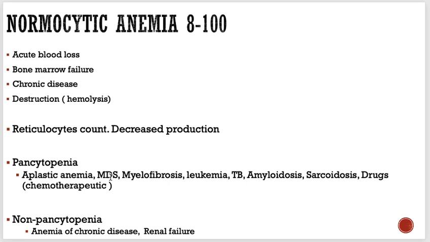When the bone marrow is not producing any cells and is not functioning well, the ultimate treatment is stem cell transplantation. Before that, all these things, like blood transfusion, are supportive measures, but the main thing is that we have to perform bone marrow transplant.